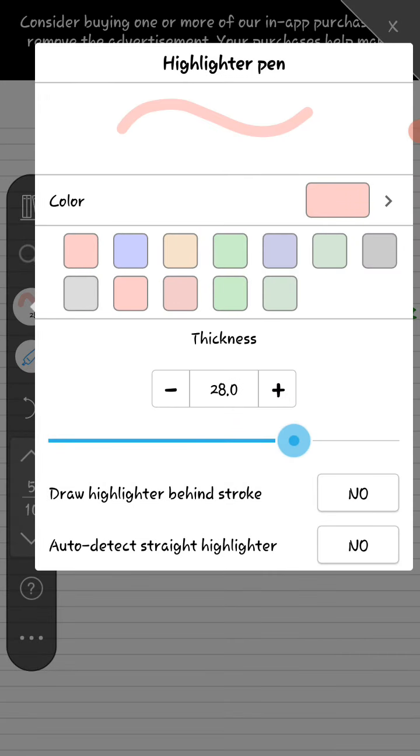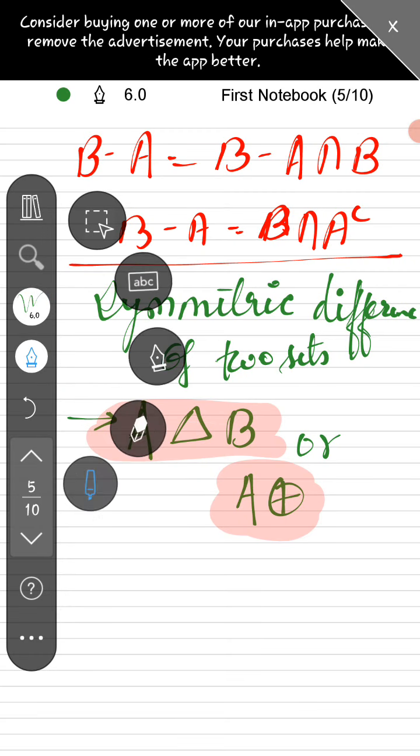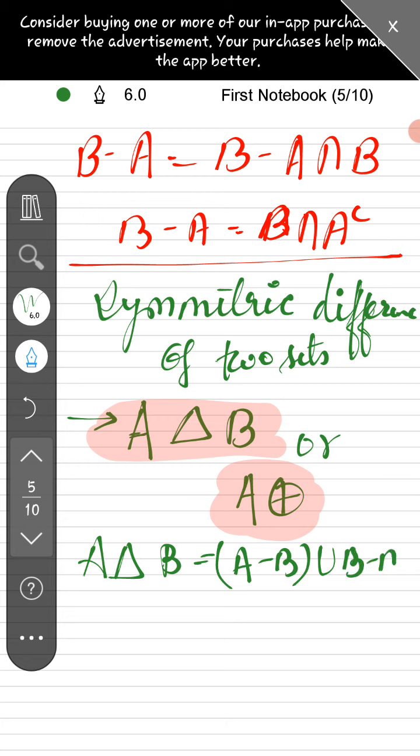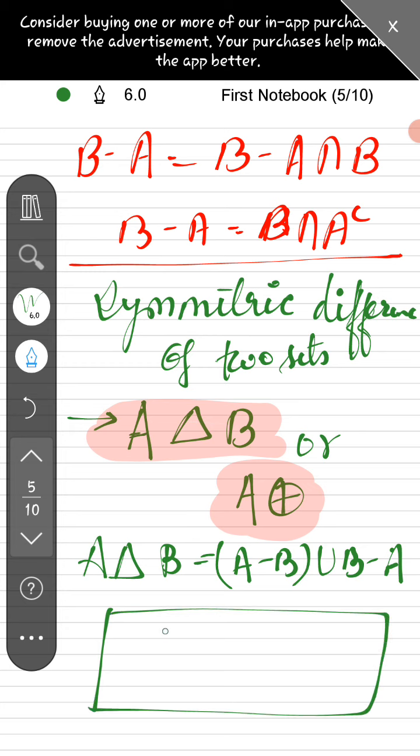Now there are some properties. A delta B is A minus B union B minus A. We can prove this out. But what is delta here?